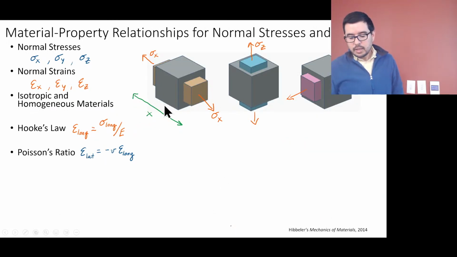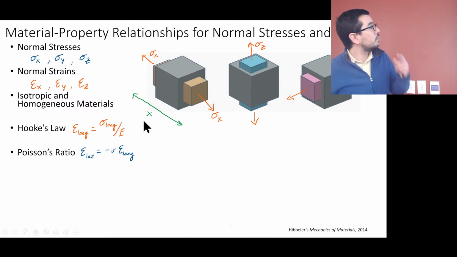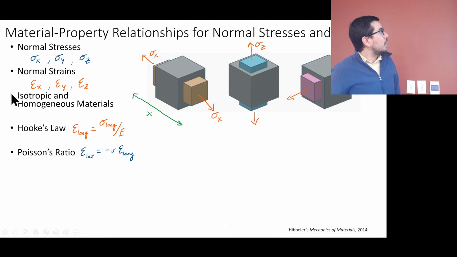So here is a cube. And now let's say I have normal stresses sigma x, sigma y, sigma z, and let's say this is the x direction, which is in line with sigma x. I have normal strains that I can define in all 3 directions as well. I have Hooke's law.